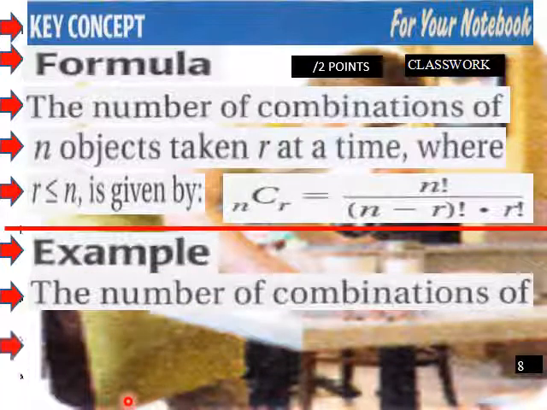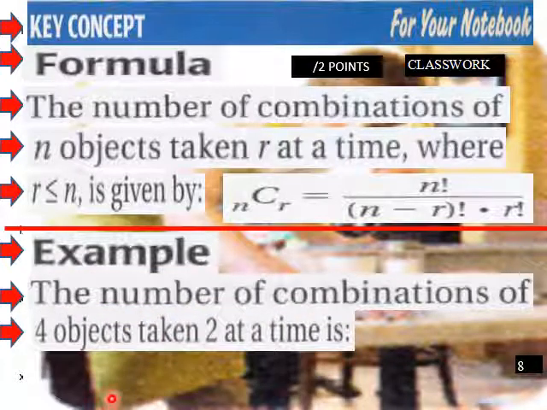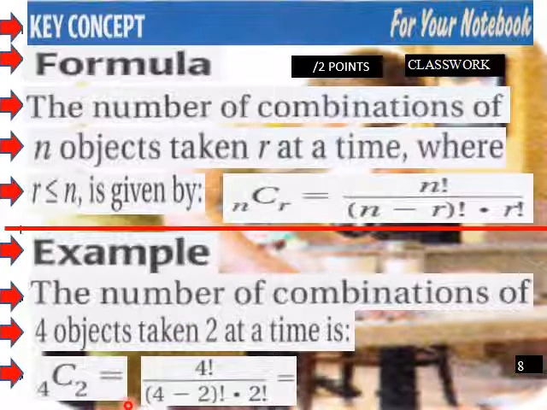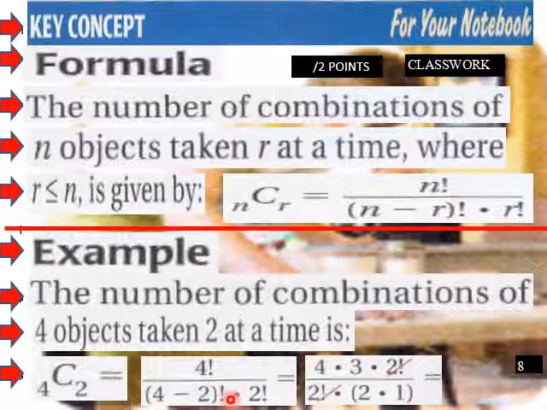Here's an example. The number of combinations of 4 objects taken 2 at a time is 4C2. Here would be your fill-in of the formula: 4 times 3 times 2 factorial over 2 factorial times 2 times 1, which would equal 6 in this case.